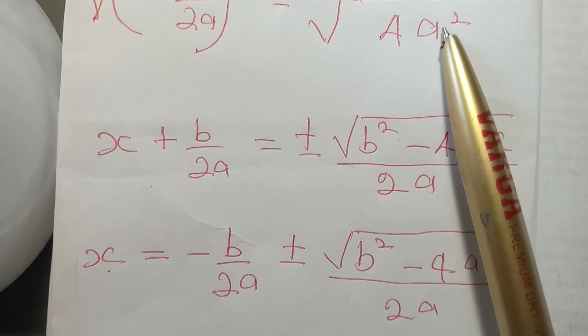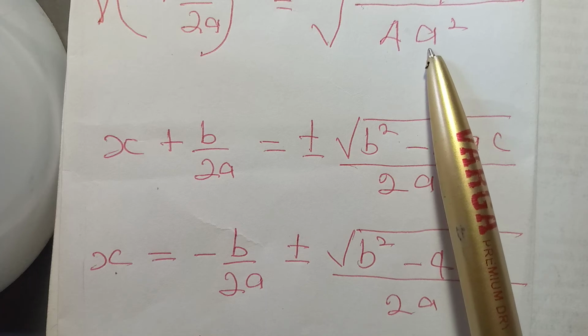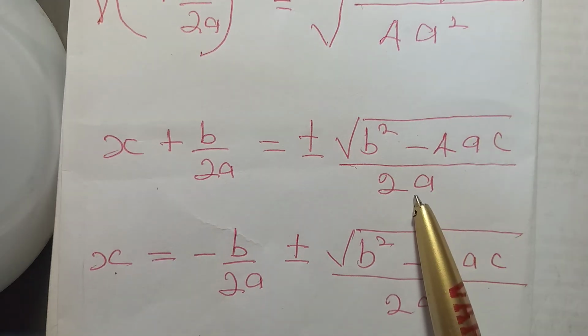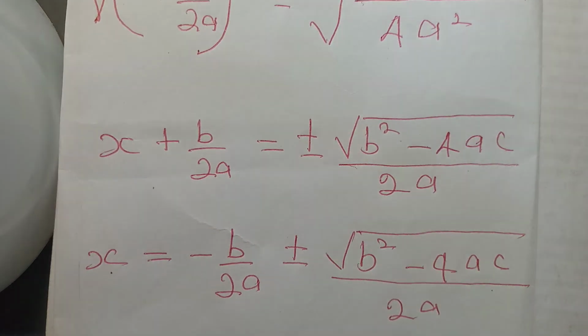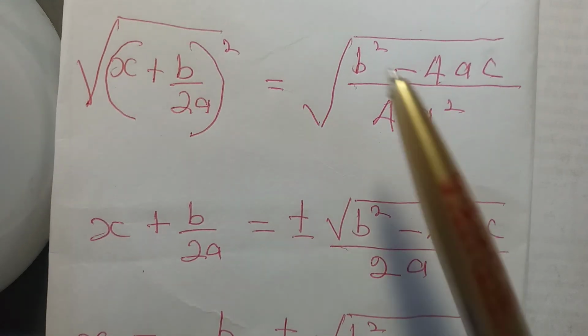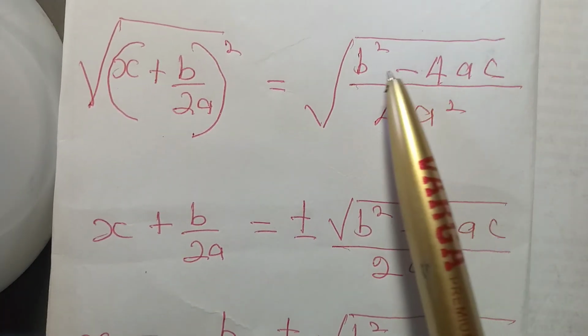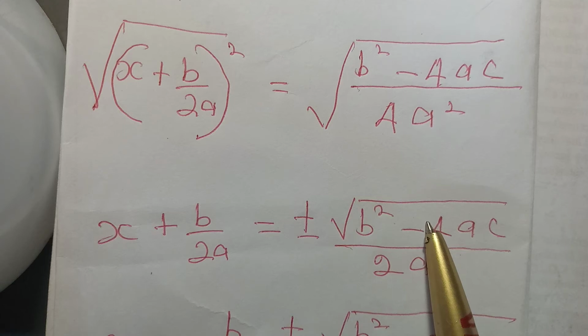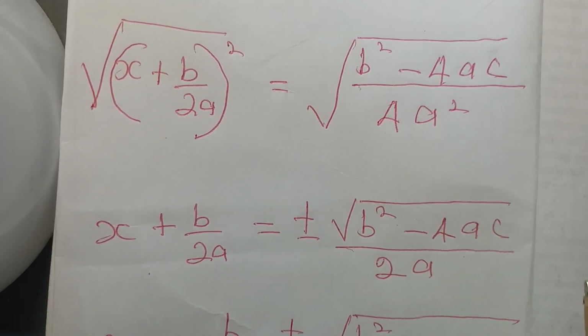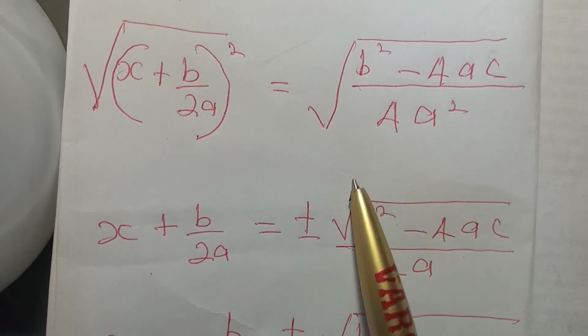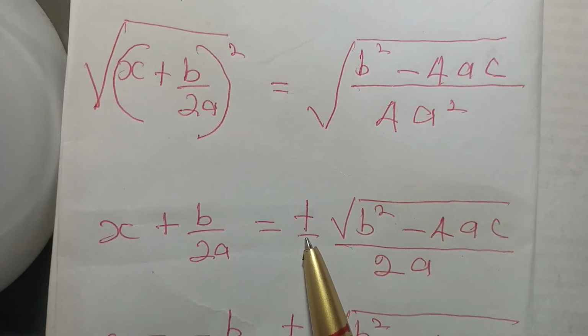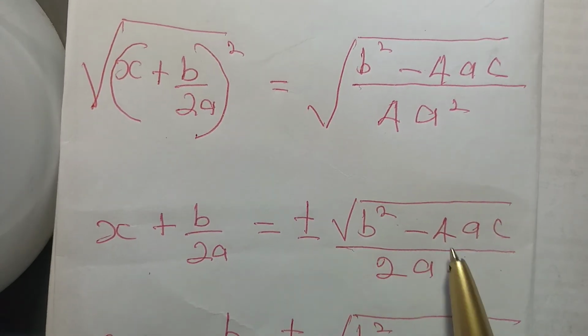Then this denominator is a perfect square. Its square root is 2a. Then the numerator is not a perfect square, so the square root will still remain. That's why you have the square root here. So having taken the square root of your right hand side, you add this addition or subtraction sign to it.